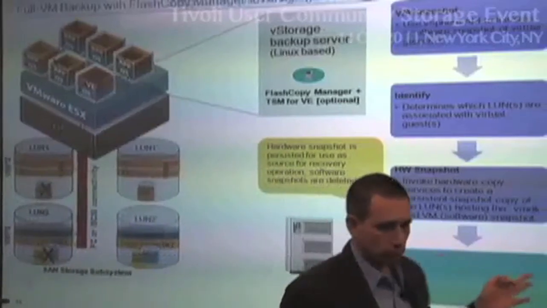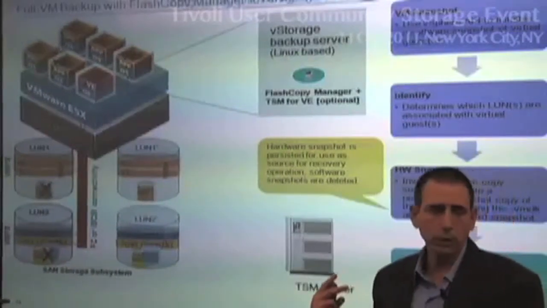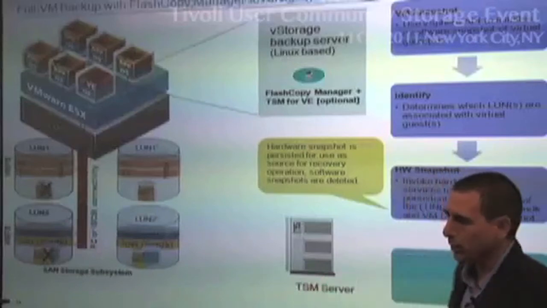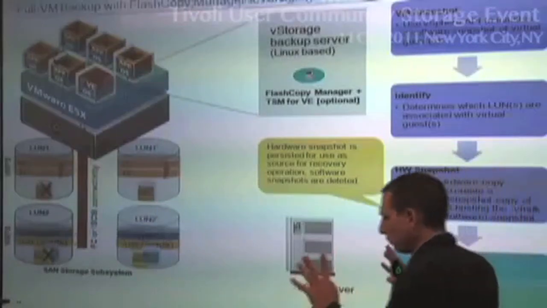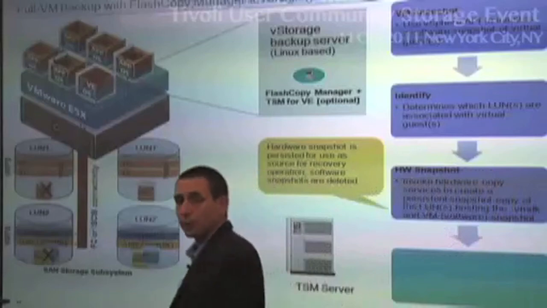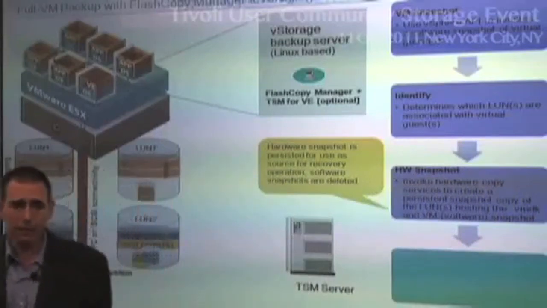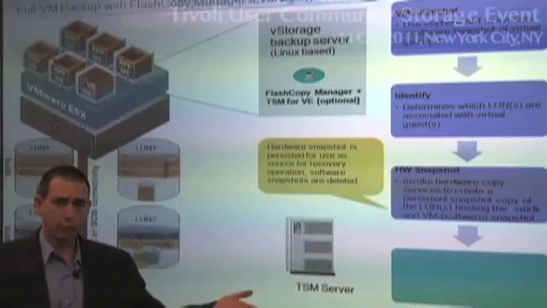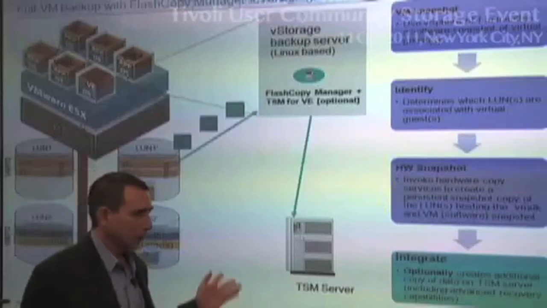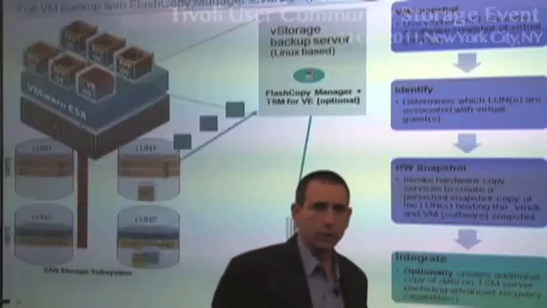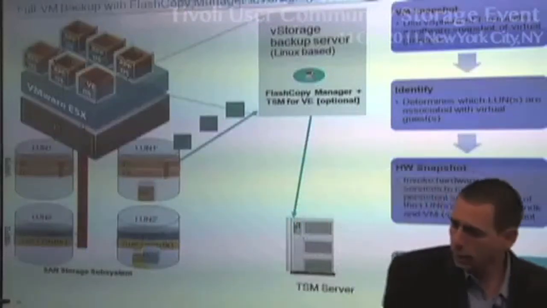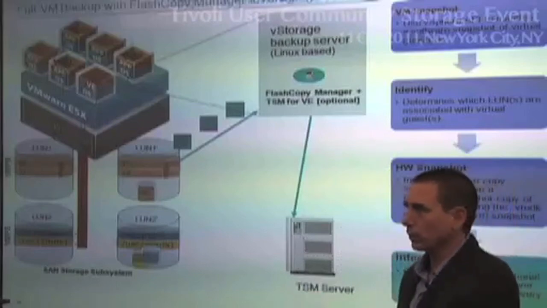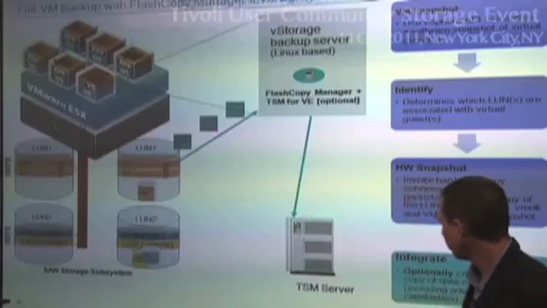Now, if you don't use TSM, at this point you're done. You have a persistent copy of your VM1 and VM2 from a specific point in time that you can roll back to. However, if you do have TSM in your shop, you can still use all of the great features of TSM for VE to move the data off to TSM, store it on tape for long-term retention, etc.